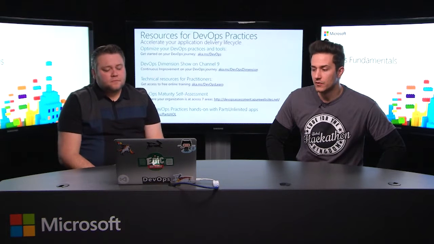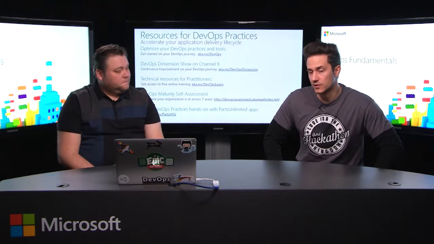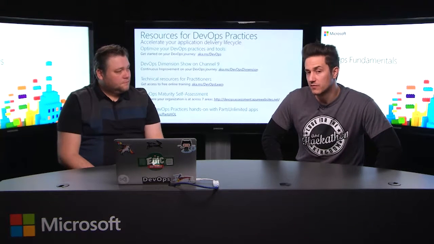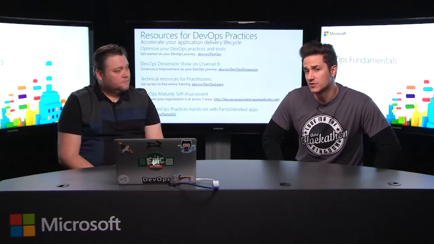And then the second to last one, the DevOps Maturity Self-Assessment, is really good to get a ballpark, I would say, of where your organization is at across a lot of the things that you should care about. We have this concept that we call 7 habits, and we give you a score on where your organization is at across those 7 habits, as well as some tips.